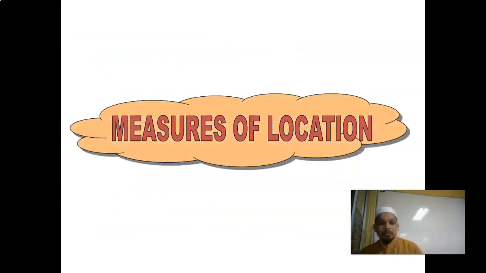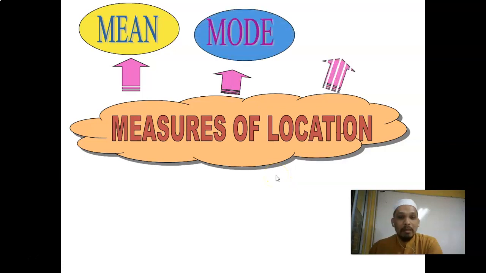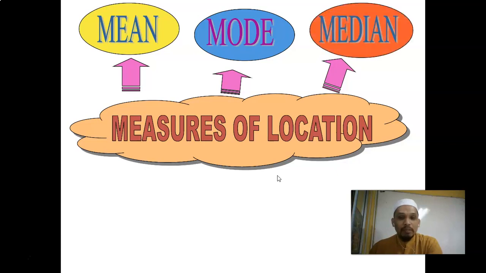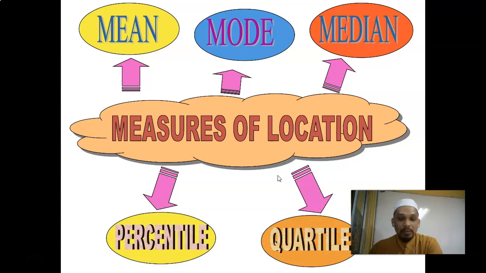So we look into the first part, the introduction or discussion of mode, median, mean, deciles and percentiles. We are going to look into the definitions of mode, median, percentile, and quartile. Quartile comes from the root word quarter.